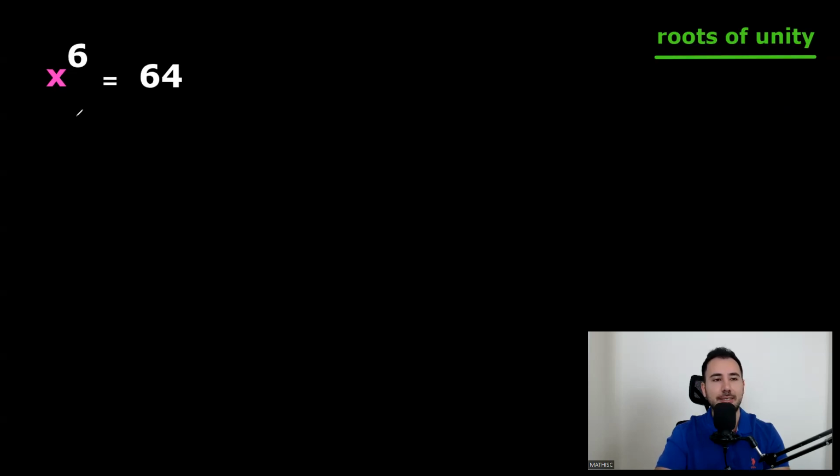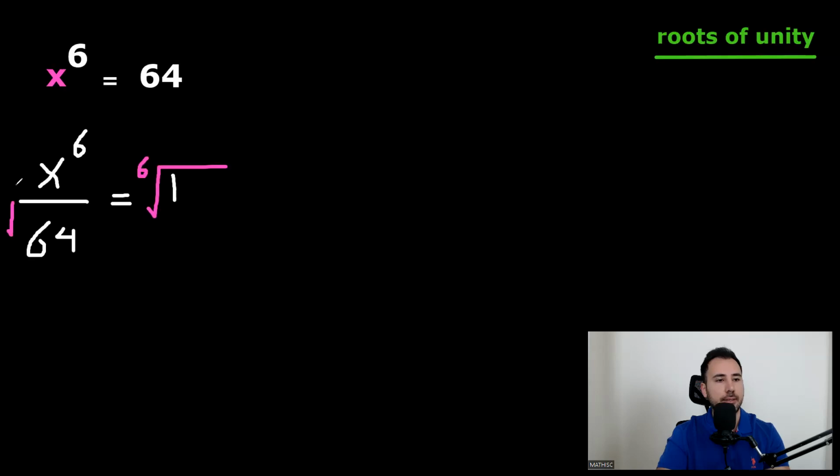Okay. Let's start off by dividing both sides by 64. So x to the power of 6 divided by 64 will be 1, right? Okay. So from here, let's go on and find the 6th root of both sides, right? I'm going to write it like this.